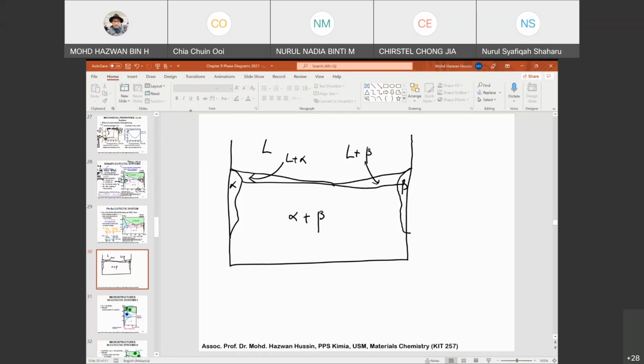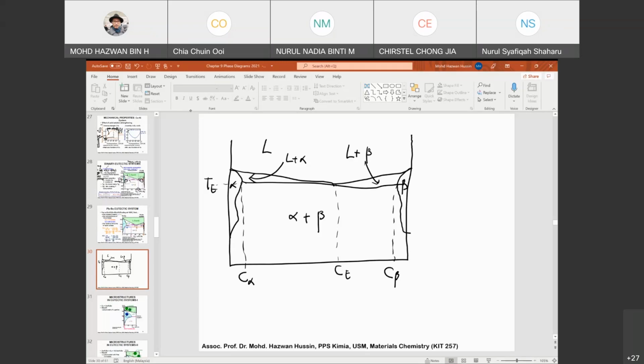Still the same thing. So this is the eutectic temperature. This is the composition of the eutectic. This is the composition of alpha, and this is the composition of beta.